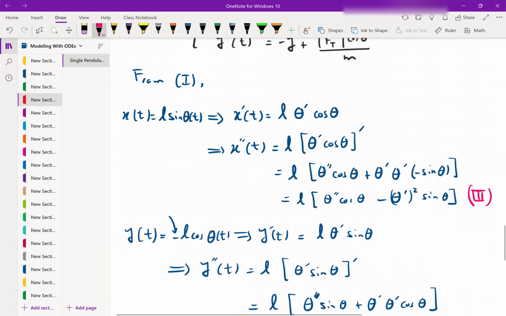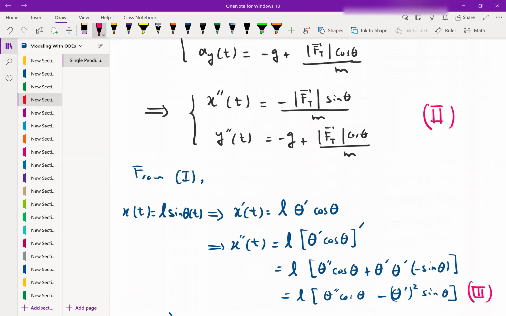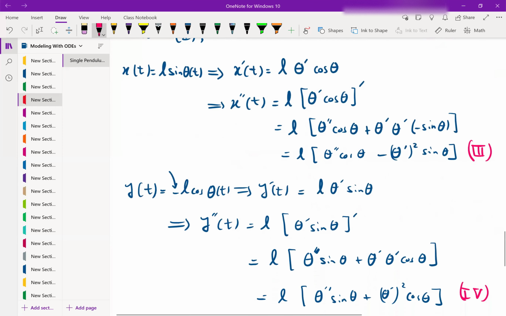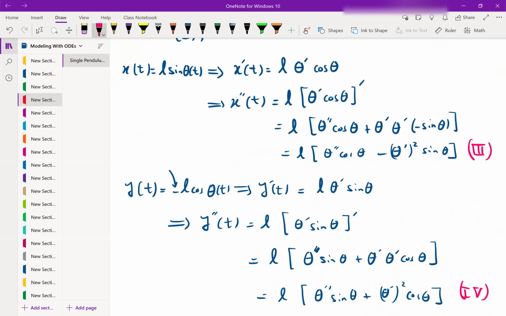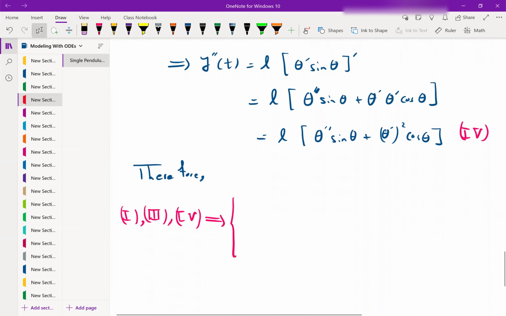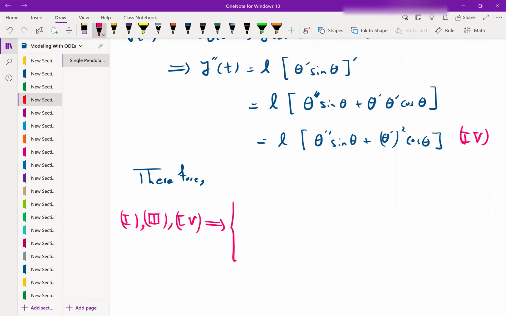Let me scroll up. In 2, on the left-hand side of the first equation, I have x double prime, and here I have a formula for x double prime. So I'm going to use my formula: L times theta double prime cosine theta minus theta prime squared sine theta.